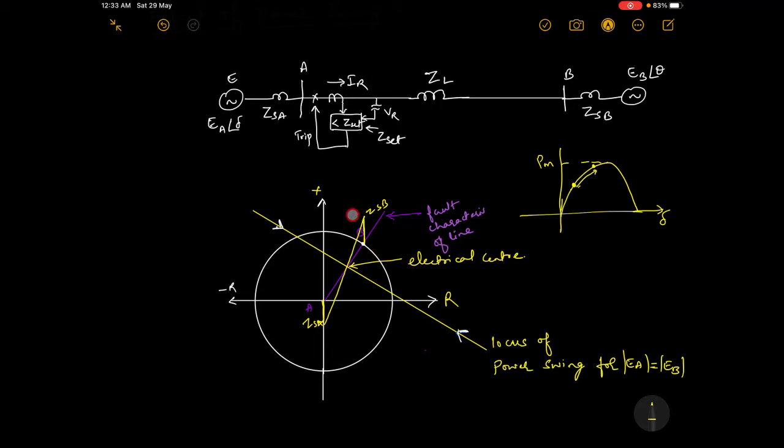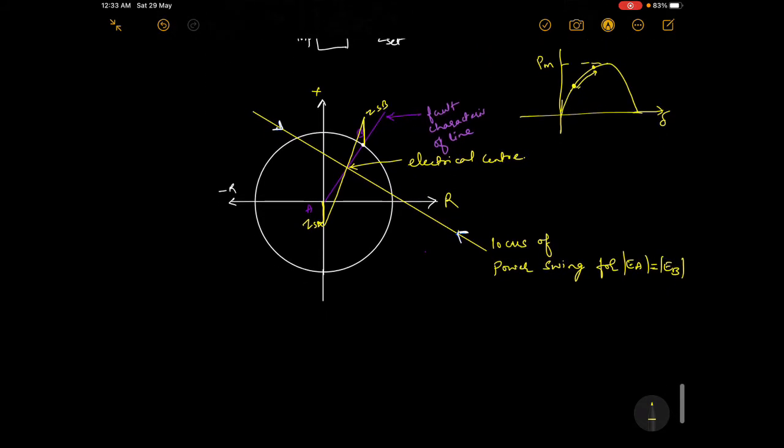As the impedance relay occupies more area, it is much more vulnerable to maloperation on power swing. You can note it down: the impedance relay occupies more area, correct? See, as I said, compared to the Mho relay, the impedance relay occupies more area.